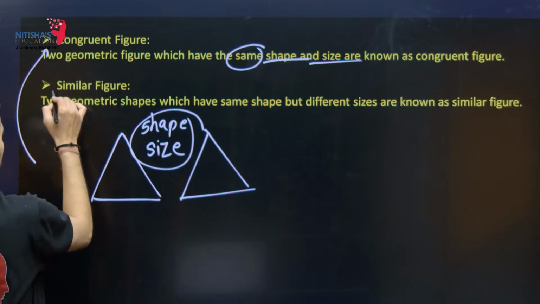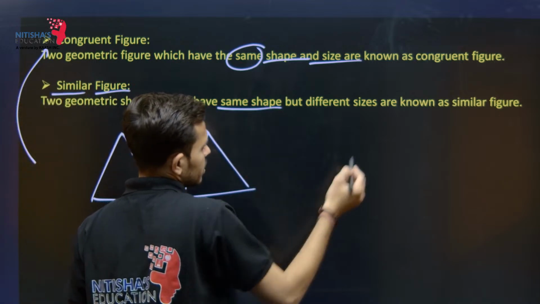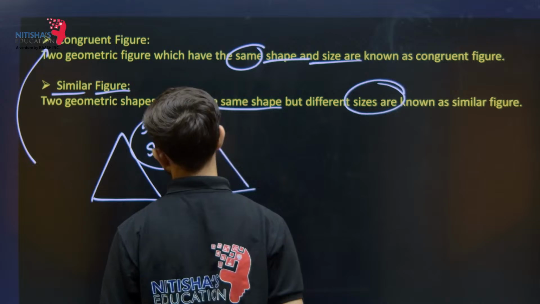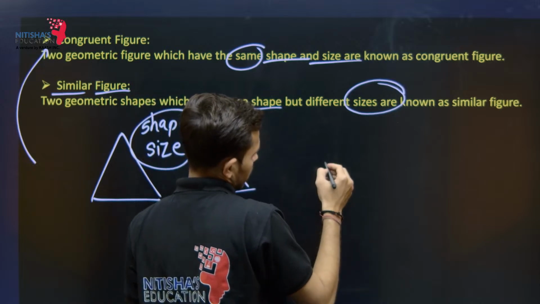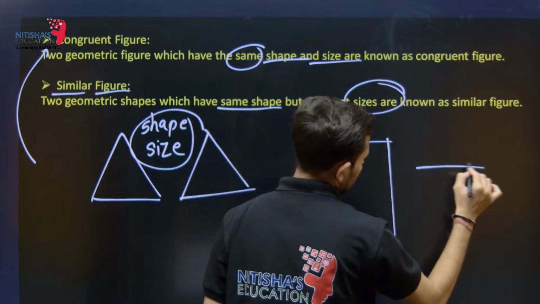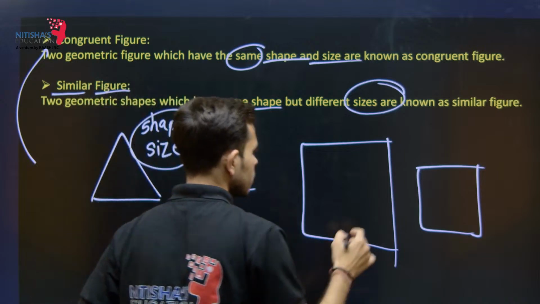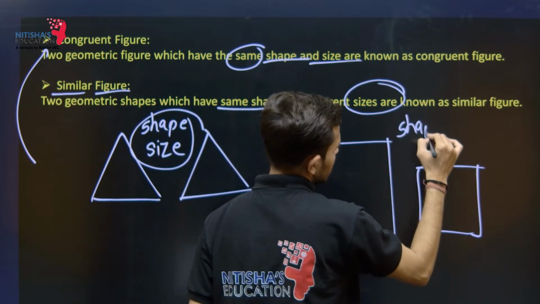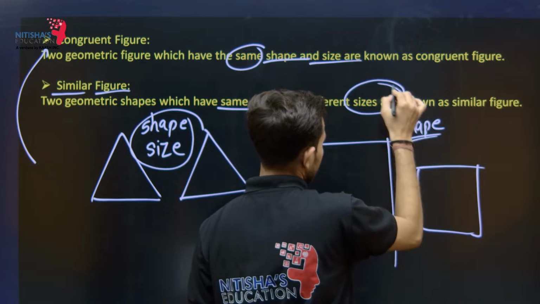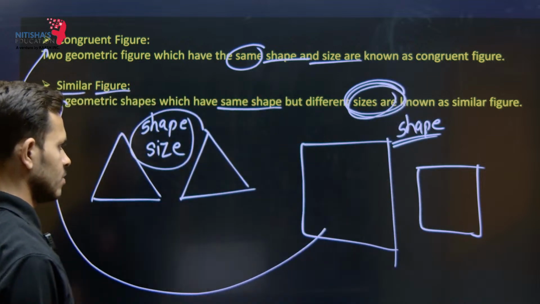Now what is a similar figure? If they have the same shape but different size, then we can say they are similar figures. For example, I am drawing one square over here. This is another square. The shapes are the same, but the sizes are not the same. Still, these diagrams are known as similar figures.